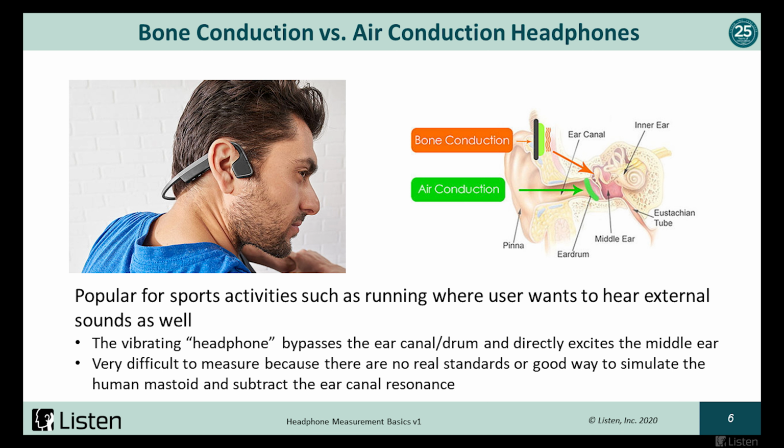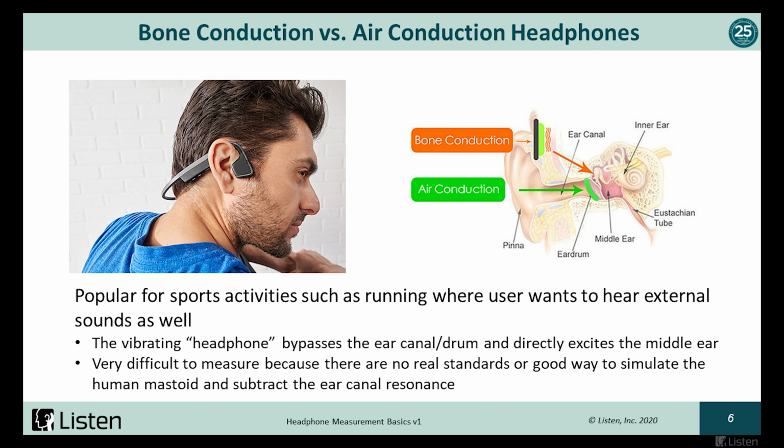The biggest difficulty with this style of headphone is that it's very hard to calibrate. There really is just not enough research about what the response should be and how to measure the response. There's not really any good artificial mastoids. There are some that were designed for hearing aids, but not really for bone-conducting headphones.